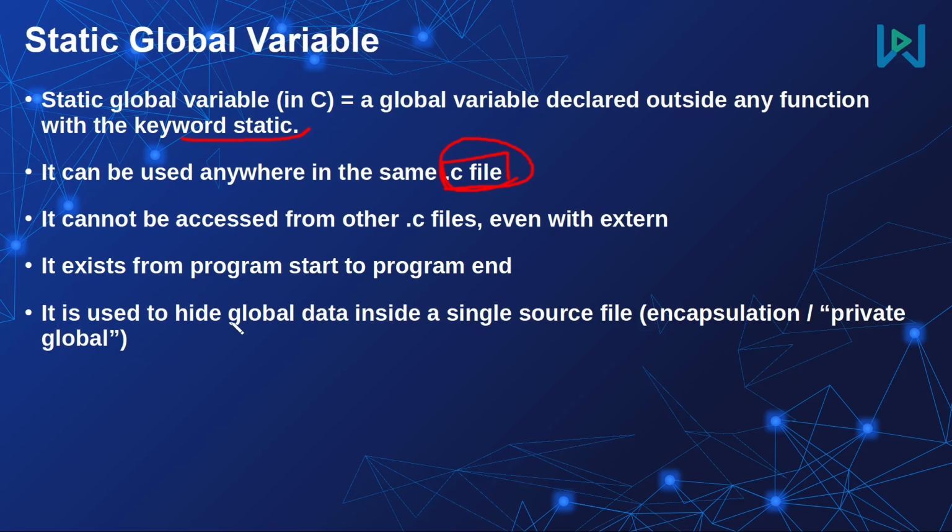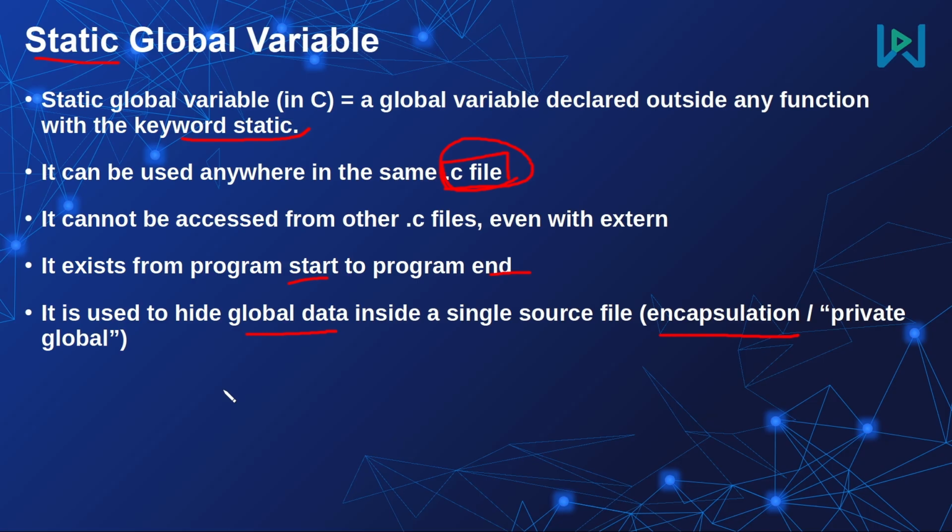The lifetime of a static global variable is the whole program run, from the start to the end. The main purpose of using those static global variables is to hide those global data variables from other C translation units. So here we are encapsulating those global variables that are marked with the static keyword within the scope of the C file that declares them.